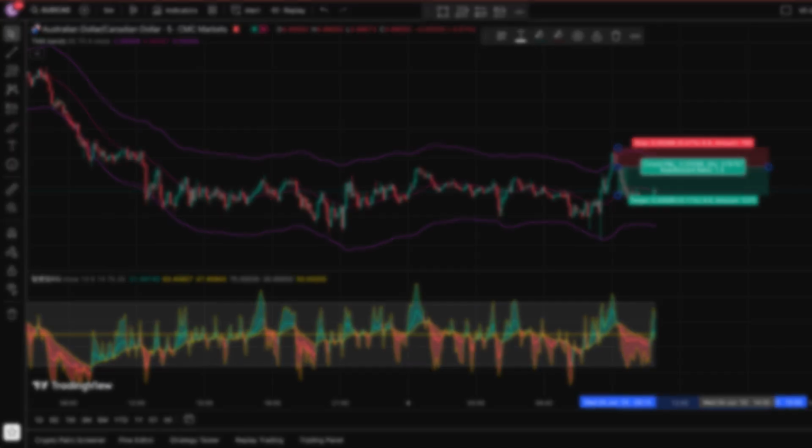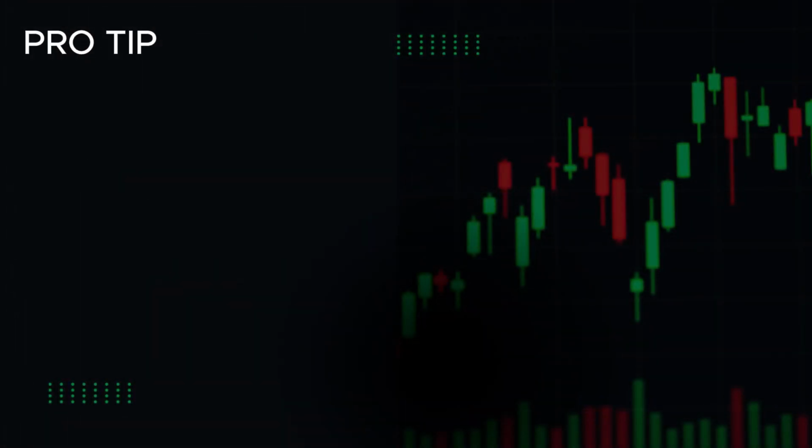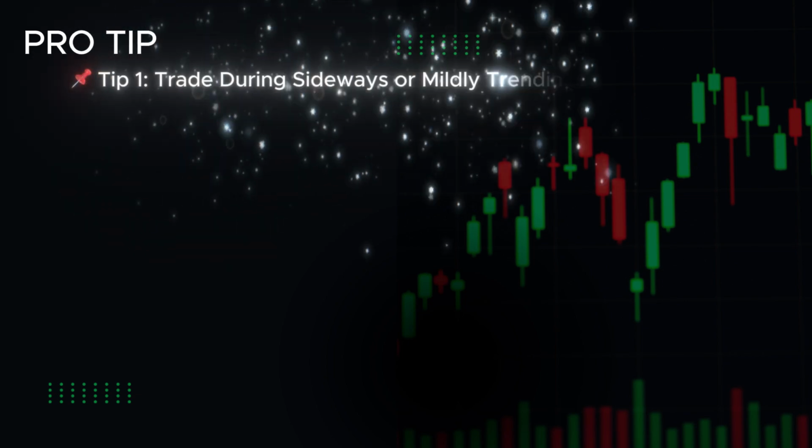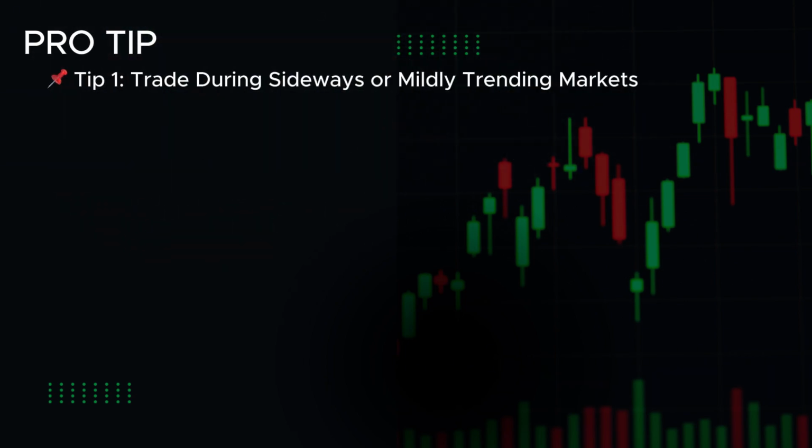Before you jump in and start trading live, here are a few pro tips that can make a big difference in your results. Tip 1. Trade during sideways or mildly trending markets. This strategy shines best when the market is moving sideways or showing only a gentle trend.